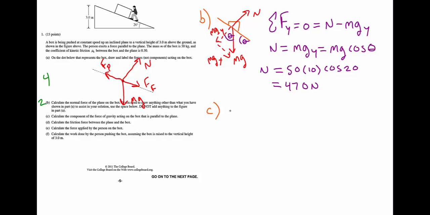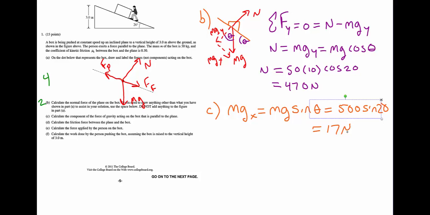As a result, mgx, being opposite of my angle theta, will equal mg sine theta, which is 500 times the sine of 20, and that ends up being 171 newtons. And again, if we were using 9.81, we would get a smaller value. C was also worth 2 points.